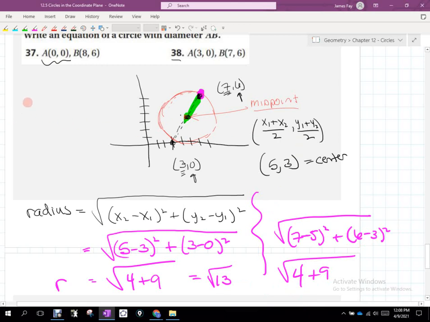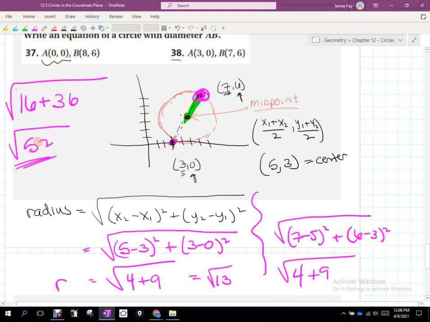If you would have gone from that point to that point up there, if I subtract those x's, 7 minus 3 is 4. I'll square that and get 16. 6 minus 0 is 6. I will subtract those, square it, get 36. And that ends up giving me 52. Now here's the issue. When I look at that radical 52, it doesn't look like radical 13. And it's not. It's twice as big.